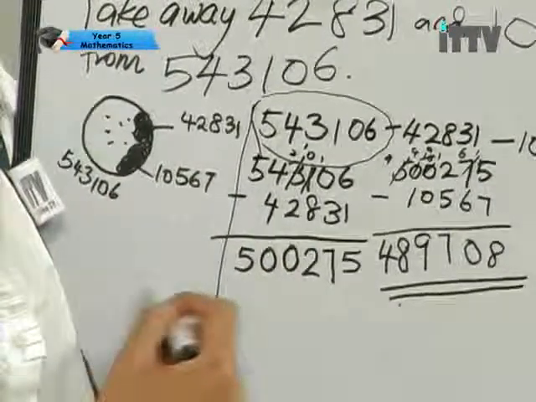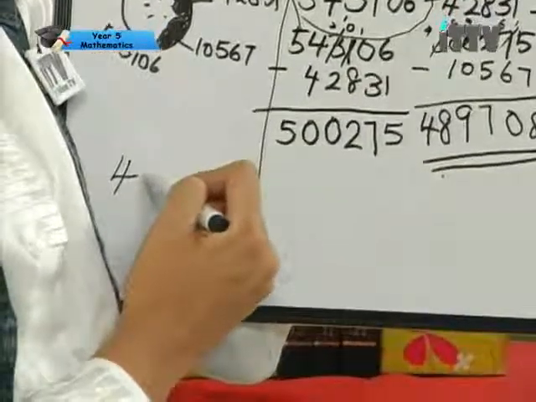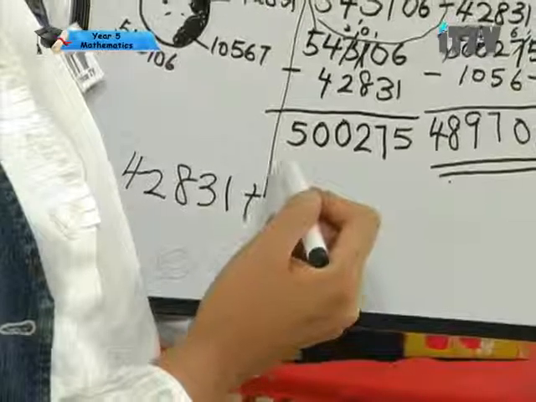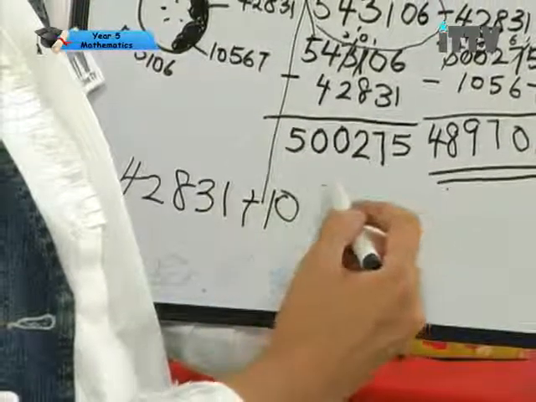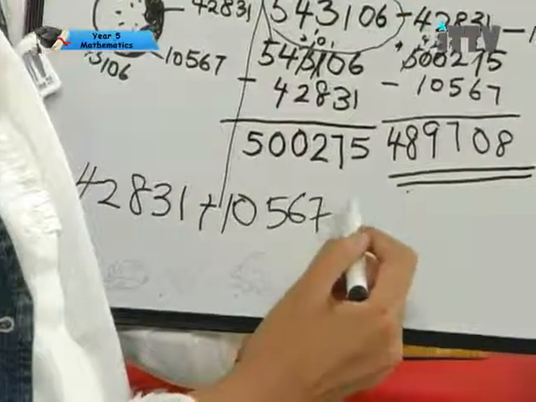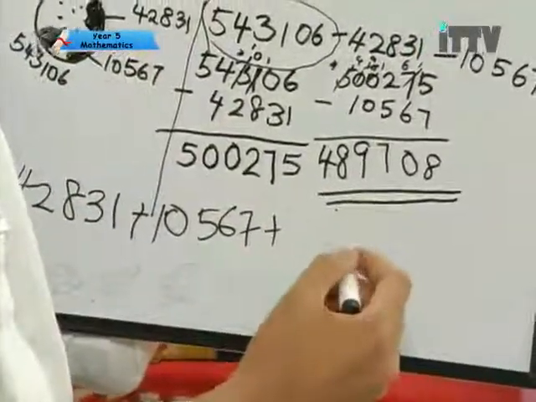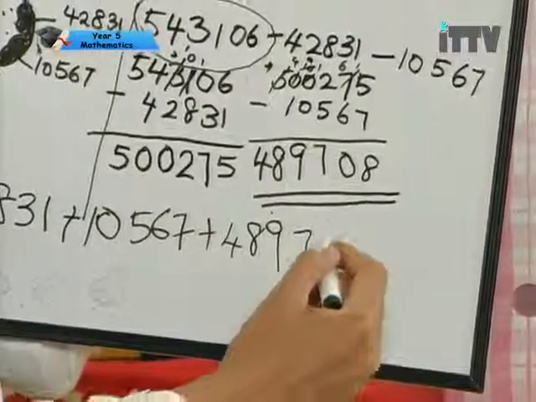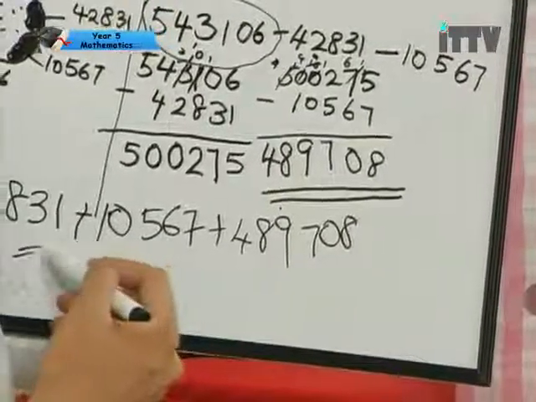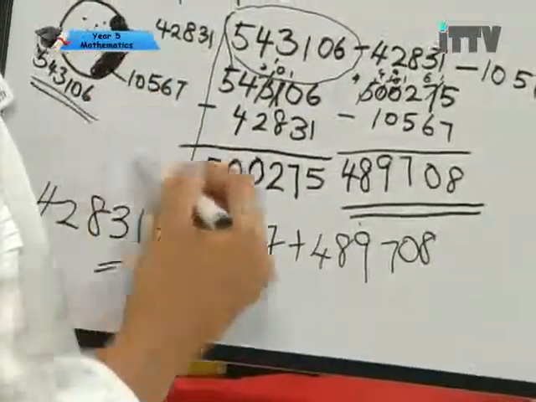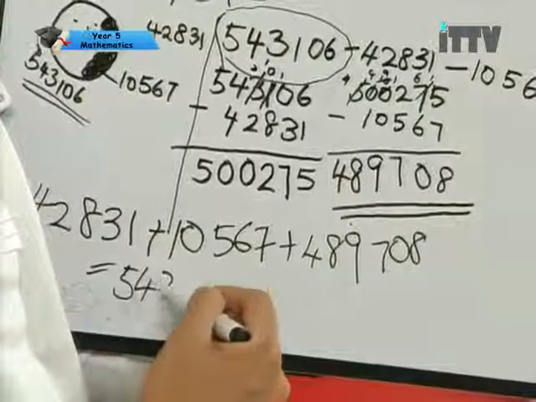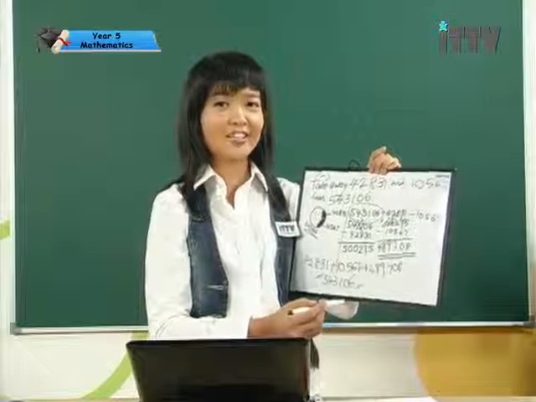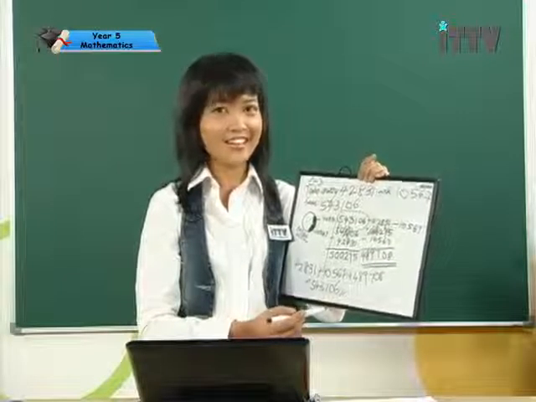So if we add the first one, 82,331, plus the second piece, 10,567, plus what's left over, which is 489,708, we should get the whole piece, which is 543,106. Check the answer and make sure that the answer is correct.